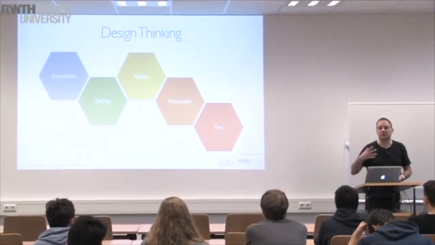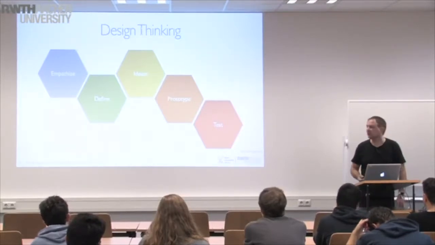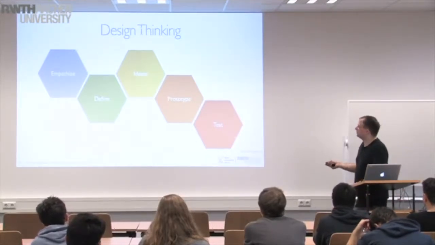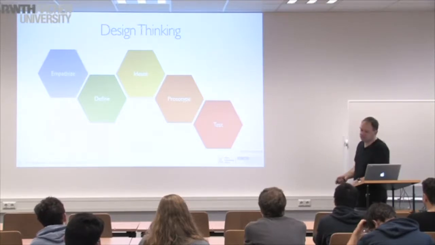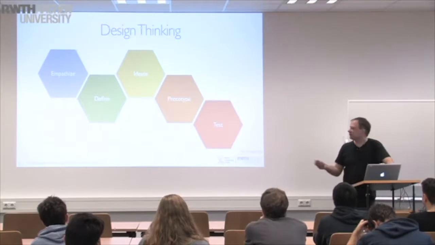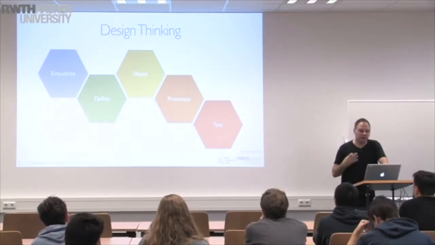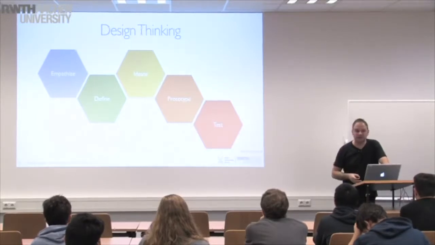So you create the prototype in order to test it with users to find out what worked and what didn't work. And once you've done that, you go back. Maybe you go back to developing more ideas. Maybe you go back to redefining and further digging into what is actually the problem, or maybe even revisiting your empathizing: am I really understanding the user and their needs in the right way? So this is a typical, almost iconic picture that you'll find if you Google design thinking. This kind of image comes up in all kinds of variations, and it's really helpful to read up on those.